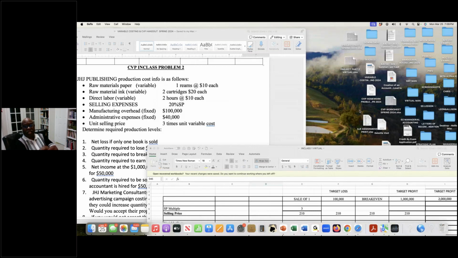When you come in next time, you need that Excel spreadsheet completed with your formulas. You work it and get the formulas. Your Excel sheet, you work it so you can get those formulas in.